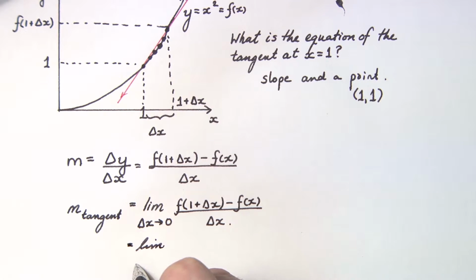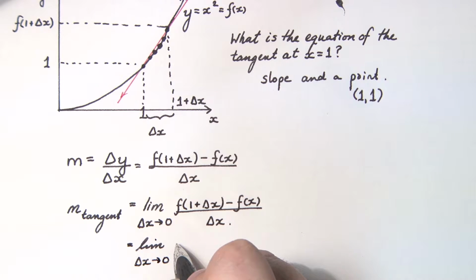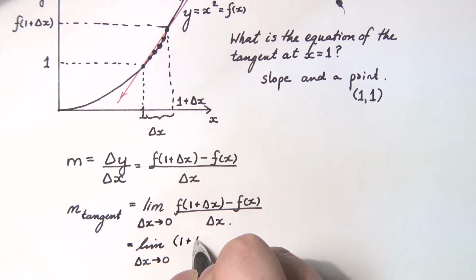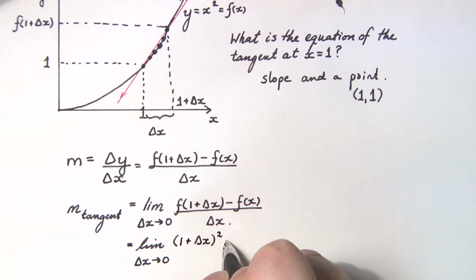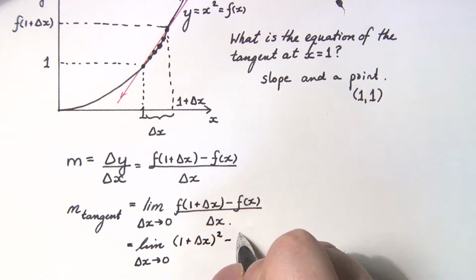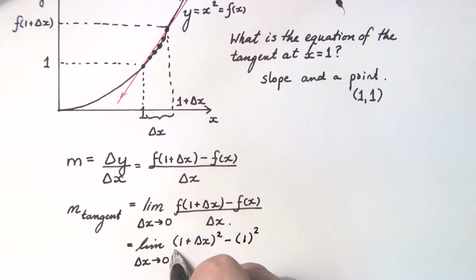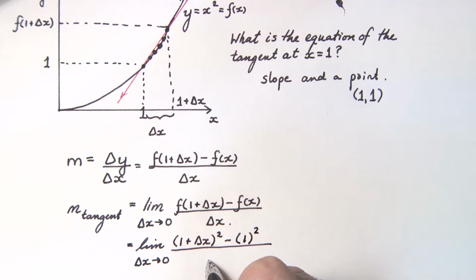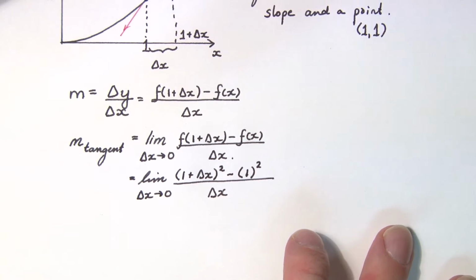Now what I can do here is I have the limit as delta x goes to 0 of 1 plus delta x squared minus 1 squared, divided by delta x.